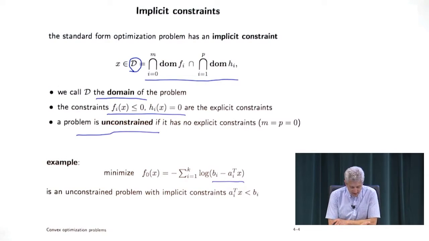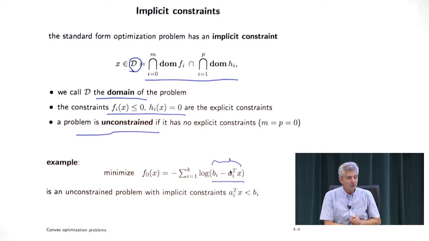And so here, there are implicit constraints that the arguments to the log have to be positive, right? So you have to have bi strictly bigger than ai transpose x. If it's equal to 0 or worse, negative, you're just out of the domain of the log. If you're using the extended value extensions and everything's implemented correctly, and you evaluate something where this evaluates to minus 0.2, then it might just correctly return plus infinity for minus log of that term. Right, so that's an example.